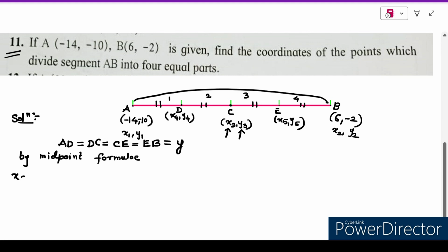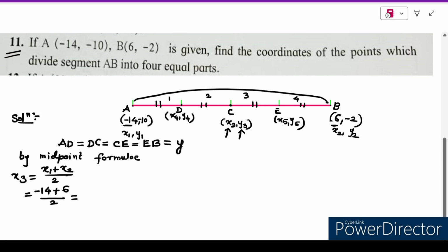By the midpoint formula, x3, since point C is the midpoint of segment AB, will be equal to (x1 plus x2) divided by 2, which is the value of x1, that is -14, plus the value of x2, that is the x coordinate of point B, that is 6, divided by 2.